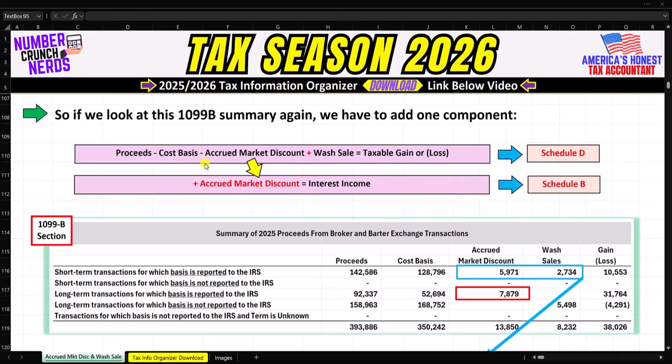Instead, it is subtracted from this calculation of the capital gain, and then it is effectively moved over here, added to this bucket, and it becomes interest income. And then the capital gain calculated right here goes on Schedule D of your tax return, and the interest income calculated down here goes on Schedule B of your tax return.